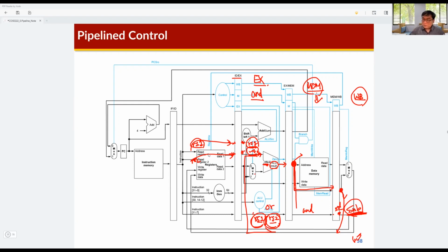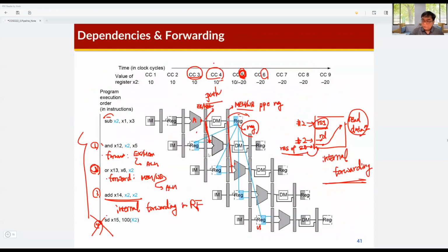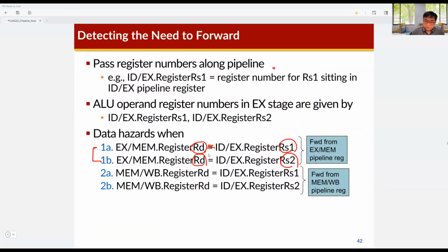So we need to check the equality of RS1 and RS2 of this pipeline register and RD of this pipeline register. Do you understand what I said? This condition represents the data forwarding from memory write back to the EX stage.